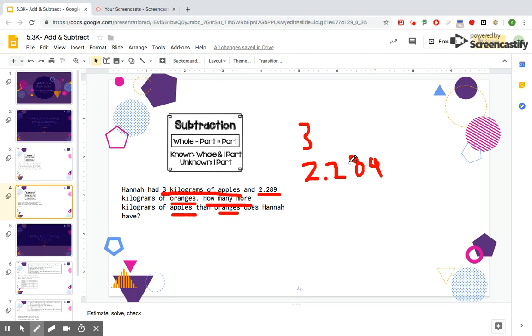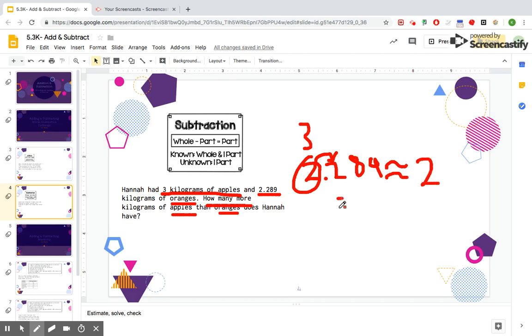Okay, again, let's estimate. Well, 3, it's already rounded to its nearest whole number. It's 3. What about 2 and 289 thousandths? If I look over to the next place value, I have a 2, so I would round down. I could say that 2 and 289 thousandths is about 2.